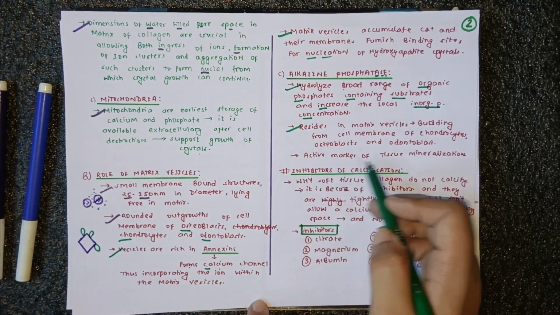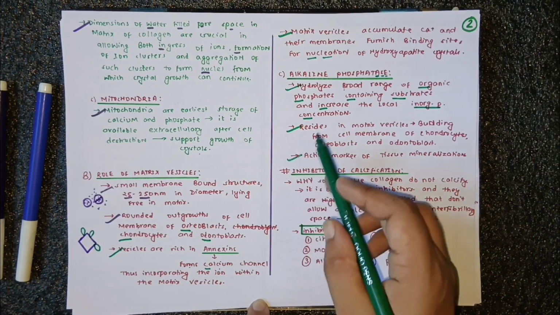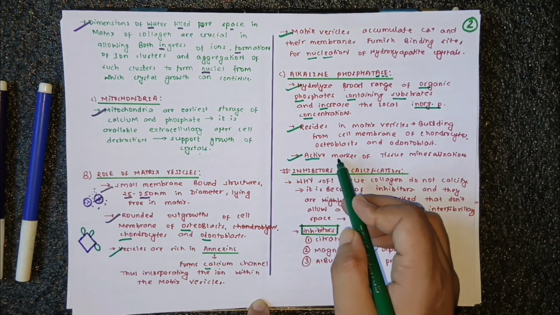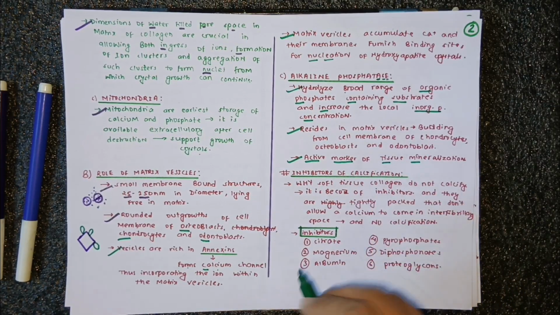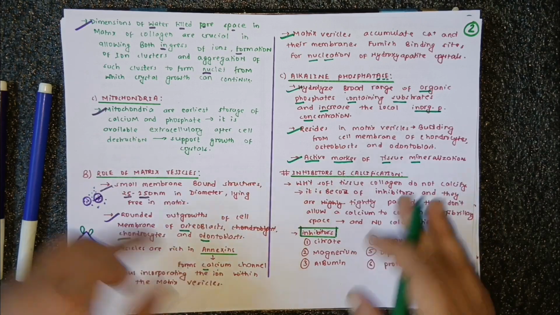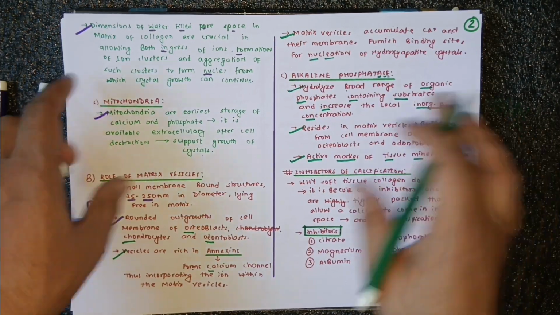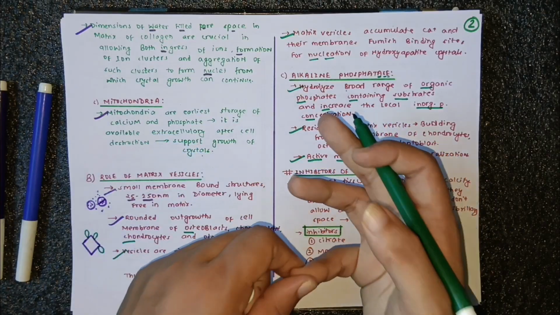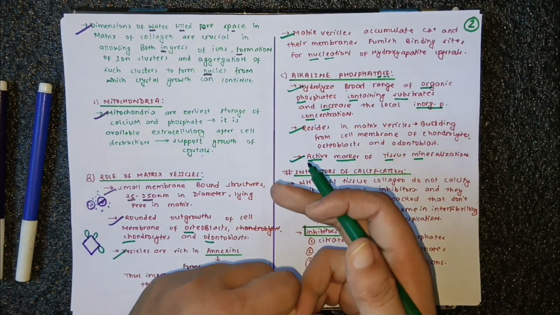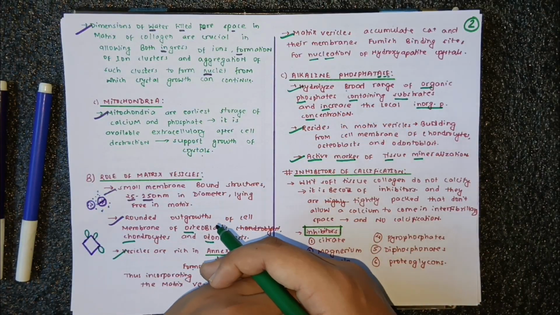It is an active marker of tissue mineralization. This alkaline phosphatase is an active marker for tissue mineralization, and this is a very important question for your MCQ exam. We have discussed calcification and the theories of calcification: first the nucleation theory, another the matrix vesicle theory, and third the alkaline phosphatase theory.